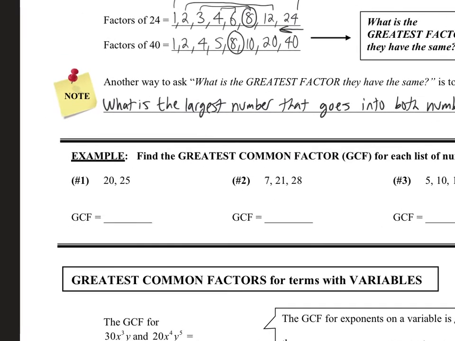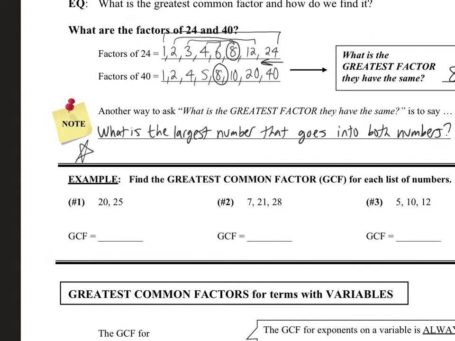And here's a trick that we need to be careful about. Sometimes people see 12 and 18 and they try to say that the greatest common factor can't be larger than the smallest number.